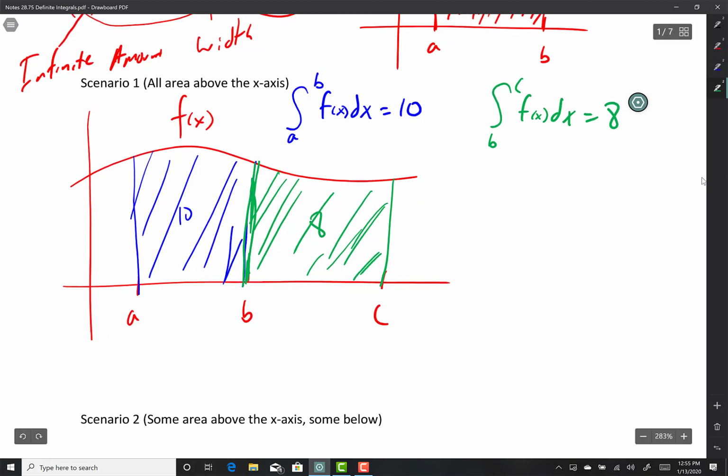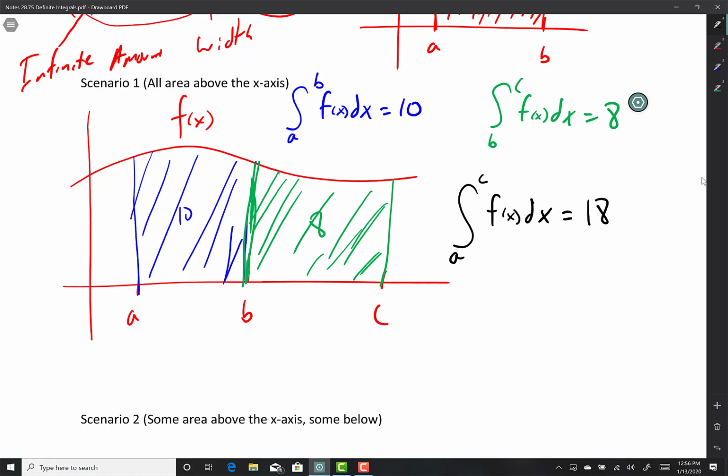So if I write an integral like this, and I say from A all the way to C of f of x, you're going to tell me what? Not 10 and not 8. You're going to tell me 18 because you just added them up, 10 plus 8. And that is one of the properties of integration, and you'll get to it in a little bit. How do we feel with that?